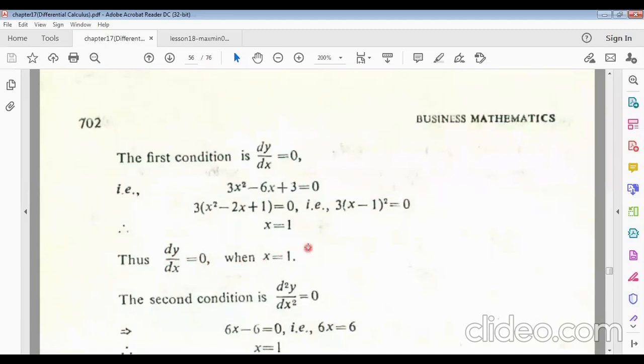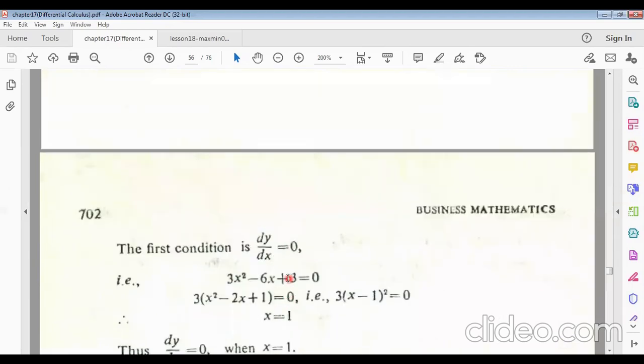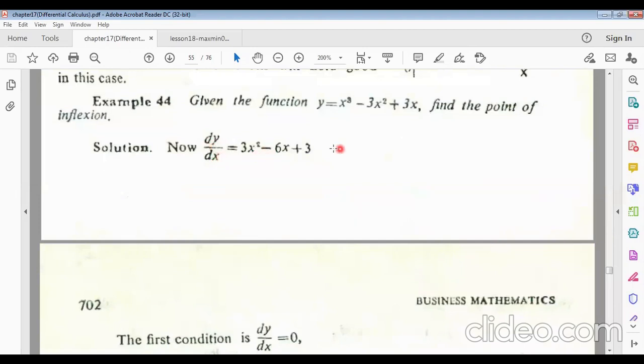Now, the second condition is taking the second derivative, that means d²y/dx², which is how the second derivative can be written. So taking differentiation of equation number 1 again, dy/dx equals this, then taking d/dx on both sides.